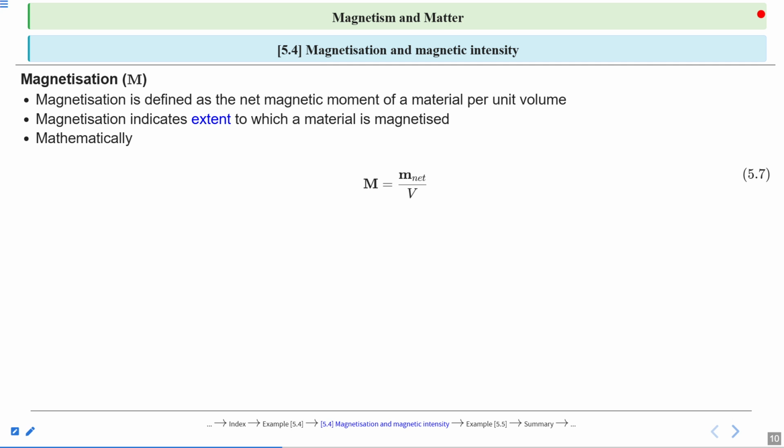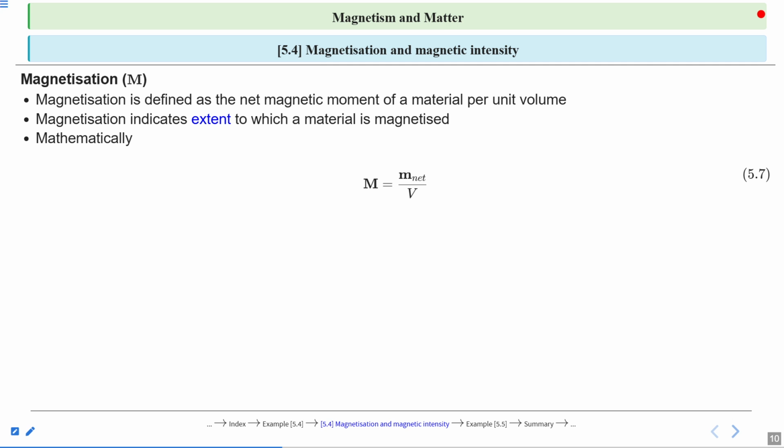I am talking about electrostatic dielectric polarization. If I apply an external electric field and out of 100, 70 dipole moments align in the direction of the electric field, that means 70%, that is the extent to which the dielectric is polarized.